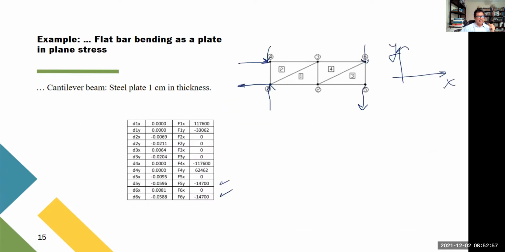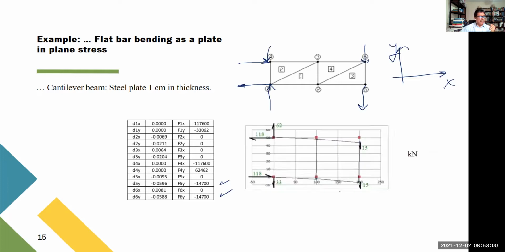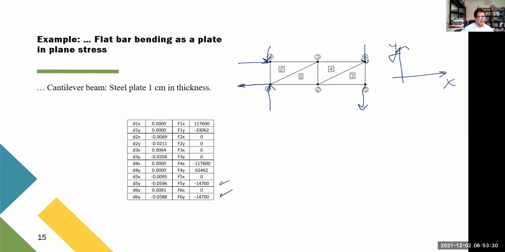Remember that for the forces, all you need is the sign convention, and then just go on. Did I answer your concern? I don't know who was asking me. Who was asking me, people? Did I answer? Yes. Okay. Is that what you were asking for? Yeah, the reference system is fixed all the time.